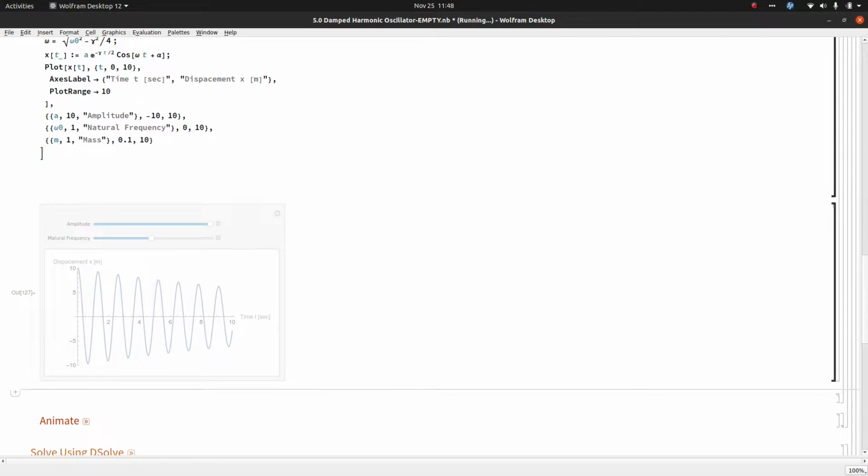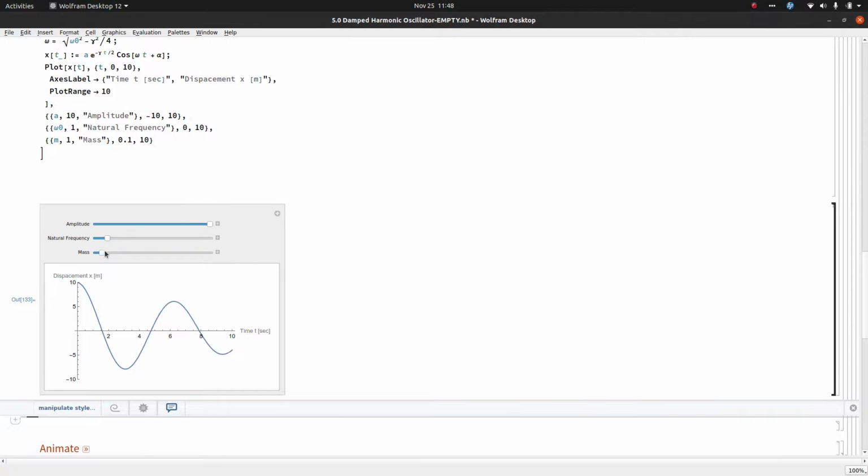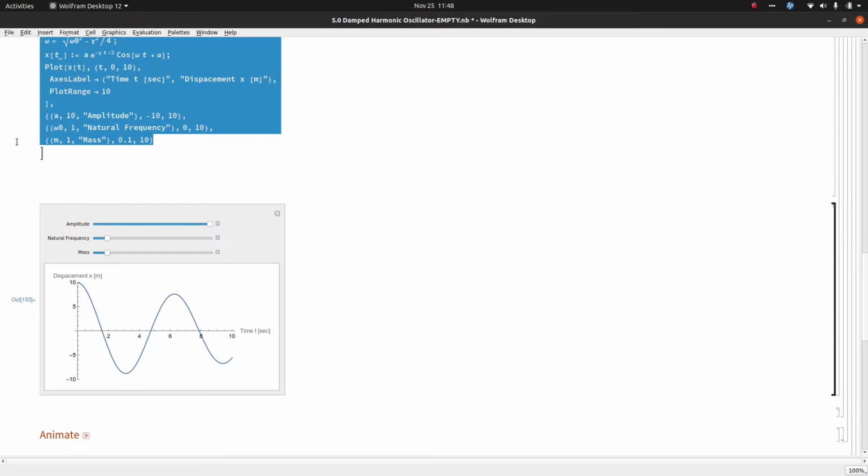So we'll just make it get small. We'll make it 0.1. So for a small mass, you can see it does not have a lot of inertia, so it kind of damps out a lot quicker. For a larger mass, I can make it so that the damping is very small. And it continues its oscillatory motion without much of a change.